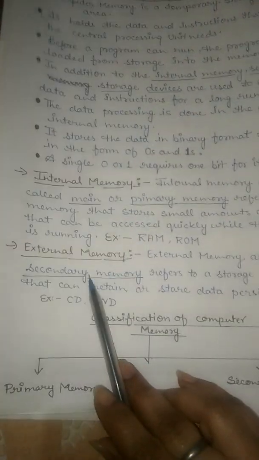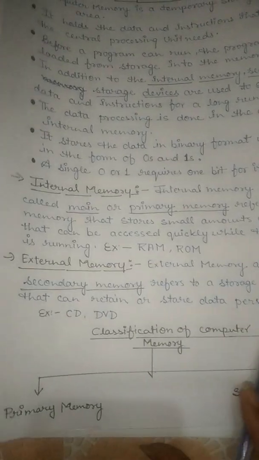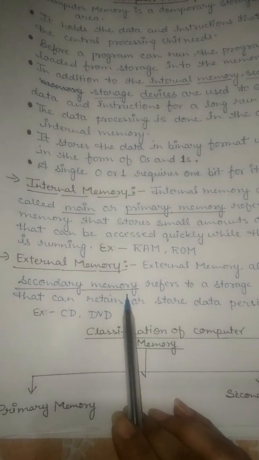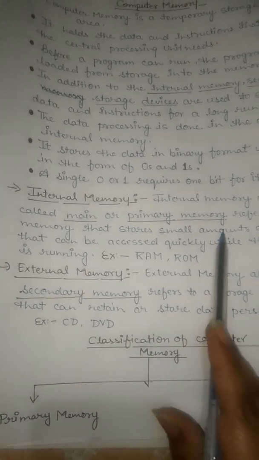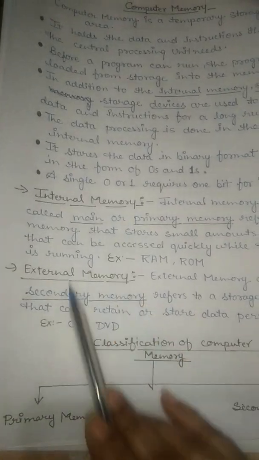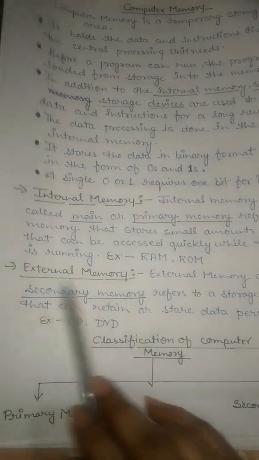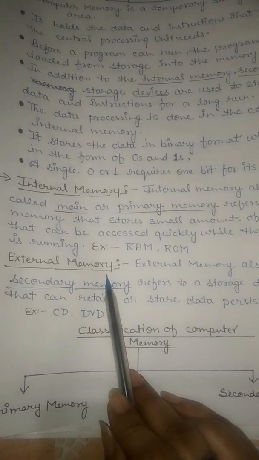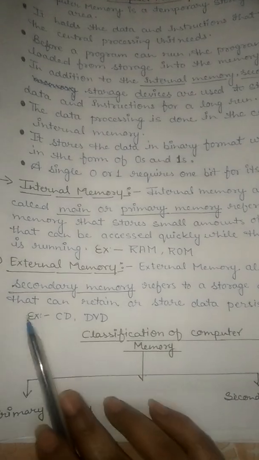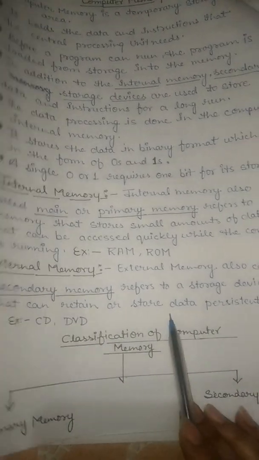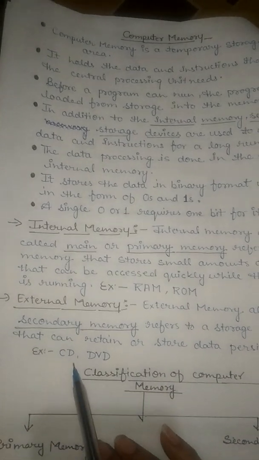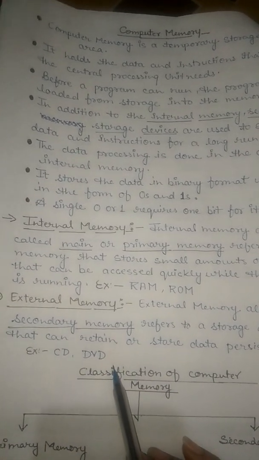Next point, external memory. External memory is also called secondary memory. Primary memory is called internal memory, and secondary memory is called external memory. External memory refers to a storage device that can retain stored data easily. Example, CD and DVD.